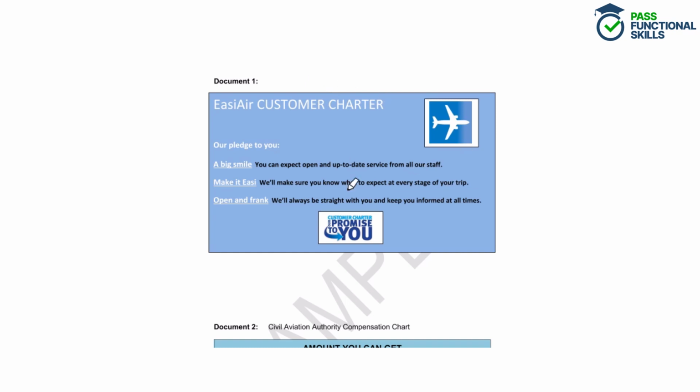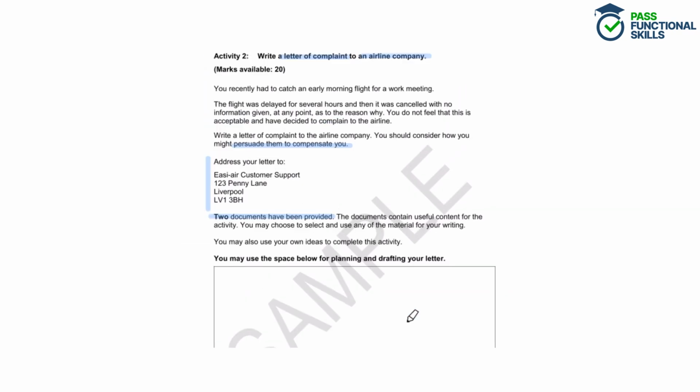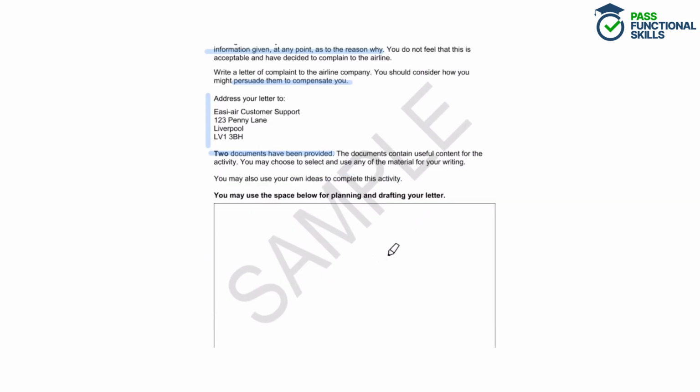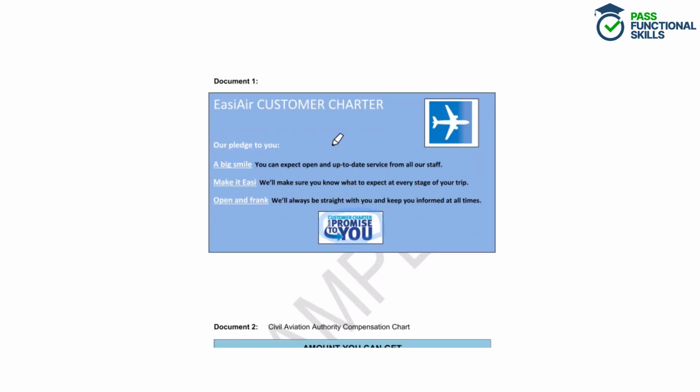So we can see that the promises that they are making in this customer charter don't quite match up with what we've been told in the question, because we were given no information at any point about why our flight was cancelled. And this suggests that we should have been given an up-to-date service. We should have been told what to expect and been kept informed.